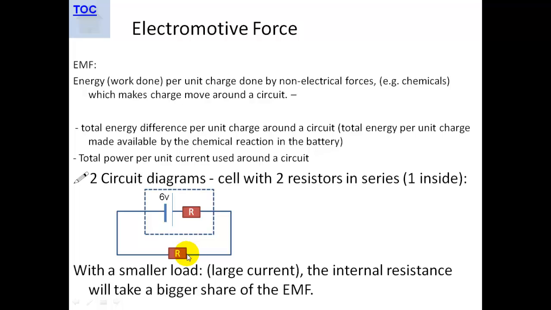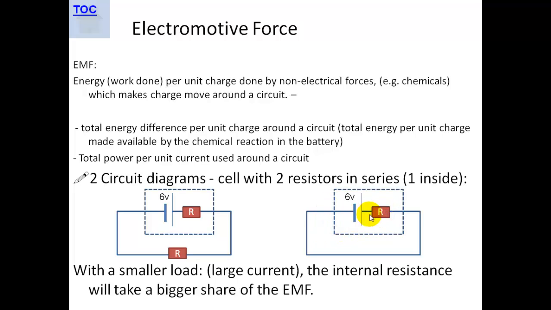What happens if we change the external resistor? Here we have the same circuit again, identical as before, but let's say we have a much larger resistor, 5 times as much as the internal one. So the total resistance is 6 units, and we have 6 volts. This is 1 unit of resistance, this is 5 units.